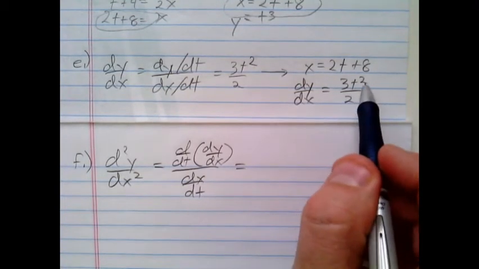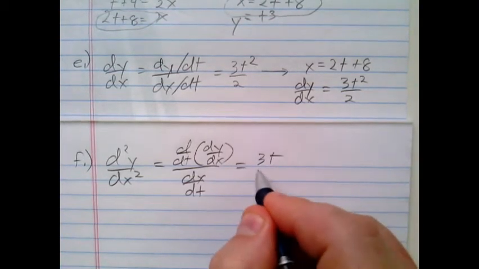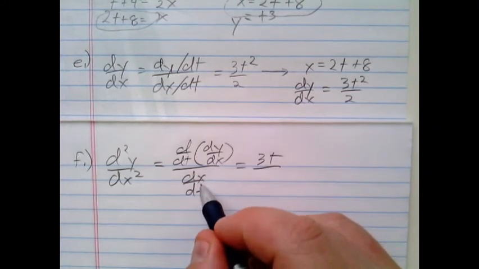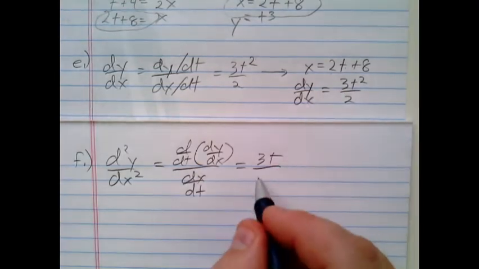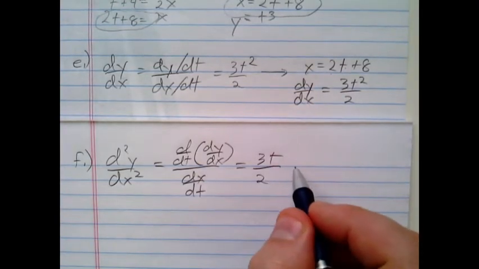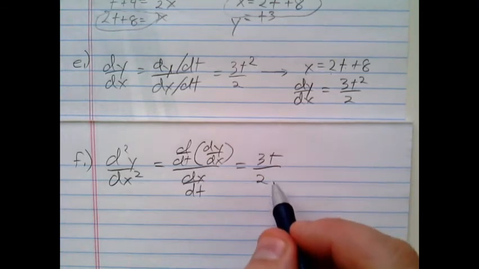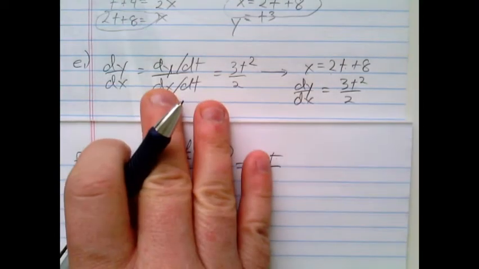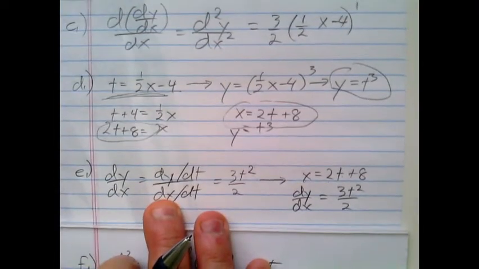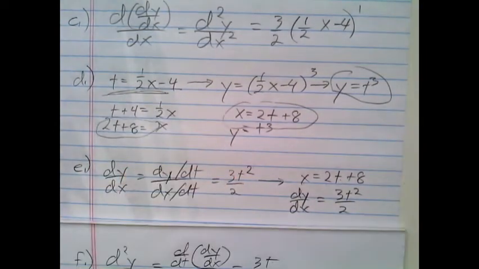So let me see, if I take the derivative with respect to t of dy/dx, I bring down a 2, cancels, I just get a 3t. And then if I take the derivative of x with respect to t, that'll give me just the 2. Okay, so apparently the formula for my second derivative is 3t over 2. Now, keep in mind that when we set up our parameterization, we let t be 1/2 x minus 4.